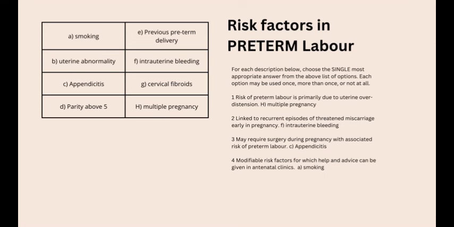The second one is intrauterine bleeding, such as a subchorionic hemorrhage, which is an irritant to the uterus and can contribute to abdominal pain and bleeding as well, and can be associated with threatened miscarriages early in pregnancy. Appendicitis can occur during pregnancy, and smoking is something that should be advised against during pregnancy.